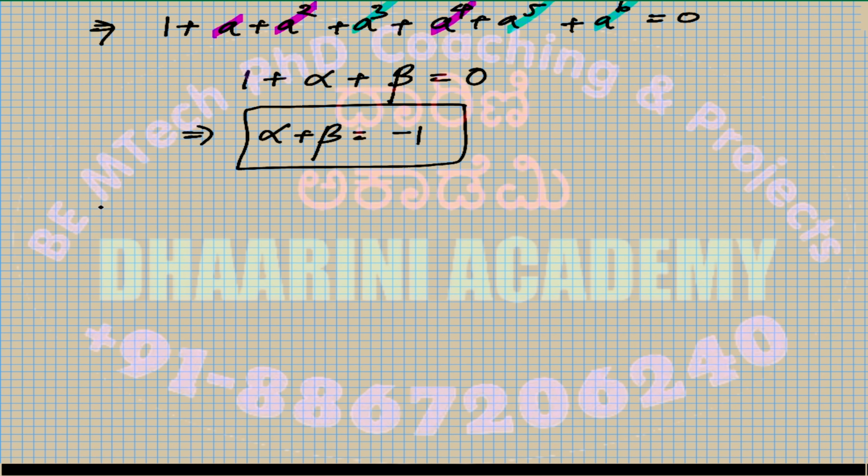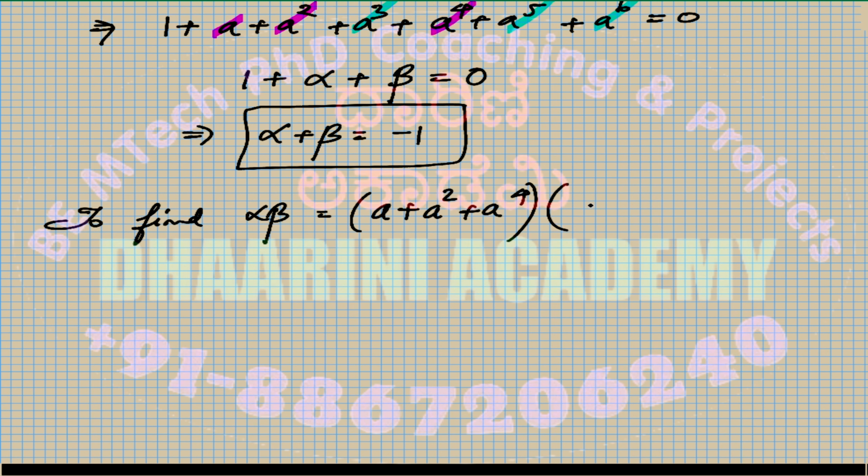So now to find alpha beta, right? What is alpha beta? Alpha beta means this is a plus a square plus a to the 4 into this is a cube plus a to the 5 plus a to the 6. So now let us try to multiply.